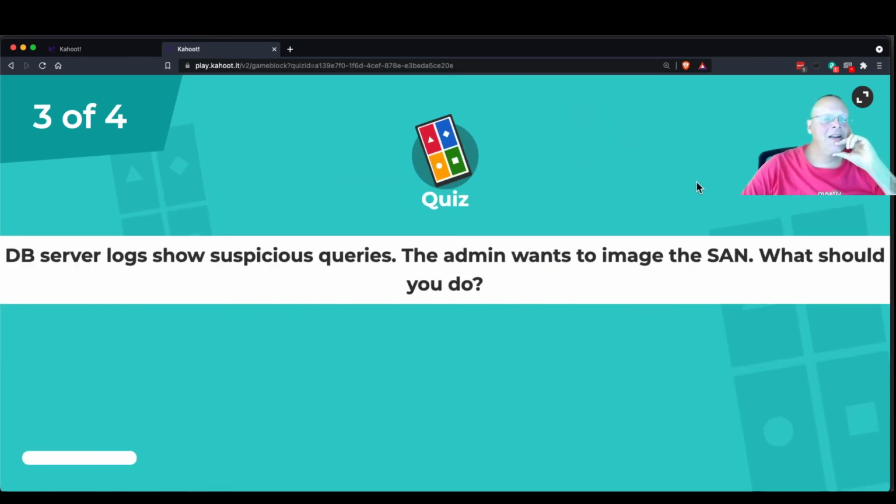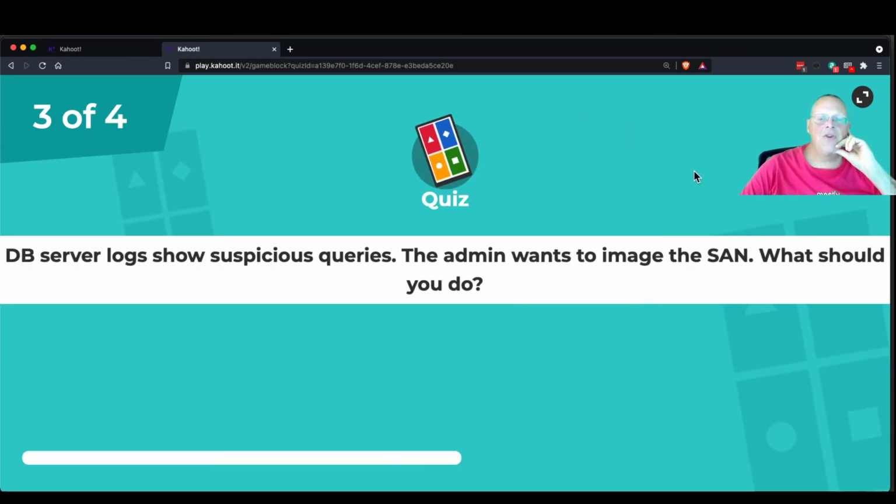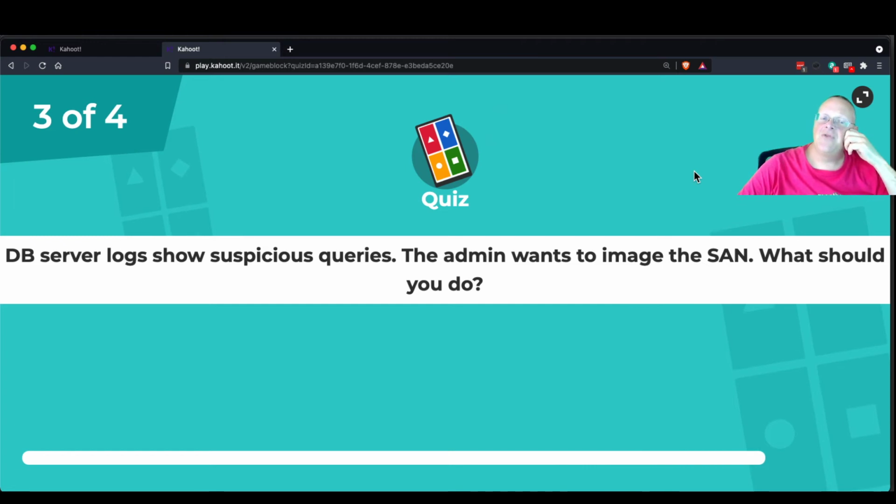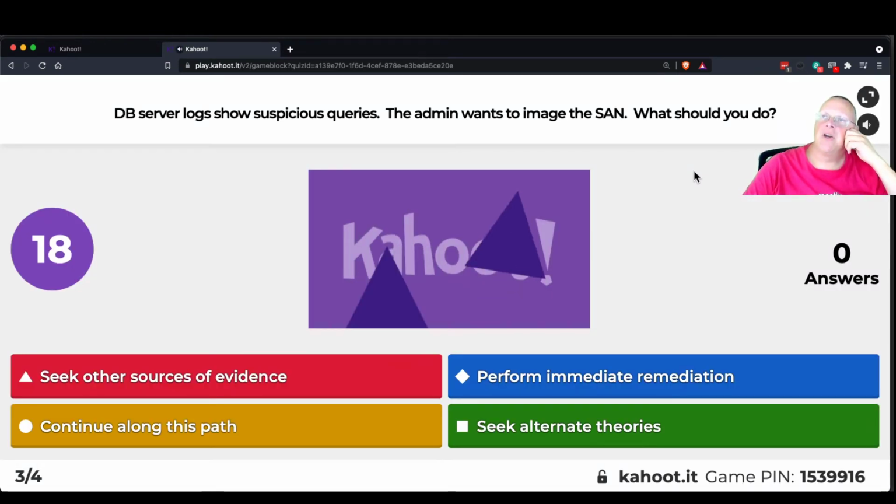All right. So the database server logs show suspicious queries, and the administrator wants to image the storage area network. So what would you do?